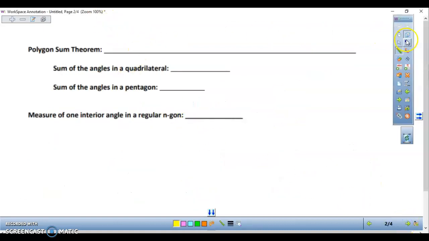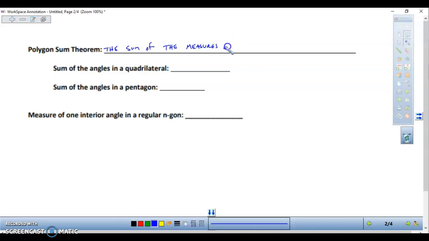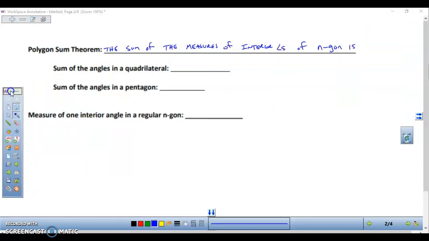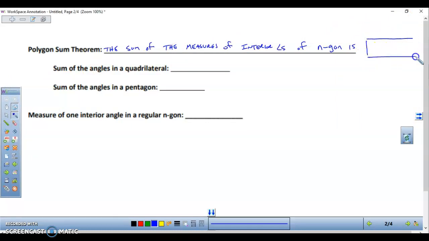The polygon sum theorem simply states the sum of the measures of the interior angles of an n-gon is n minus 2 times 180 degrees.